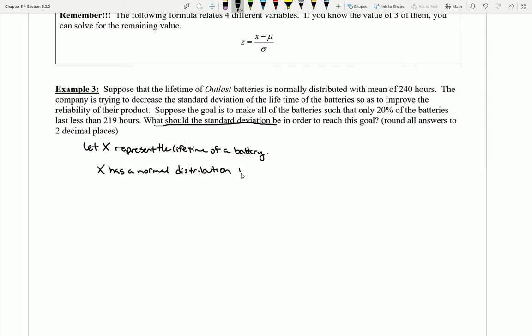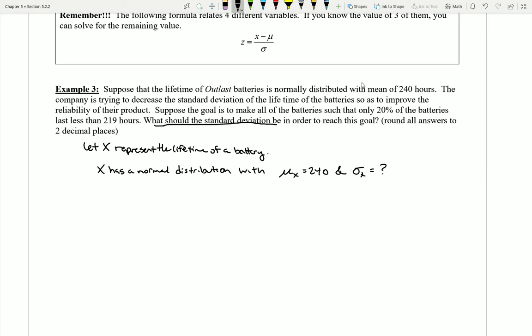And we know that the mean of that distribution is going to be 240 hours, and the standard deviation, well, we don't really know that. So the standard deviation there is really just a question mark, okay? If we can find the standard deviation, we'll be done with the question.